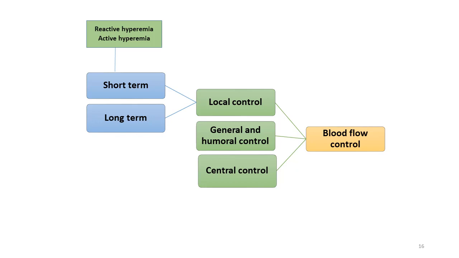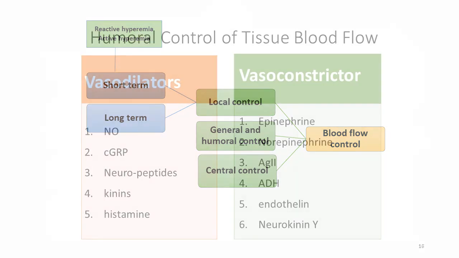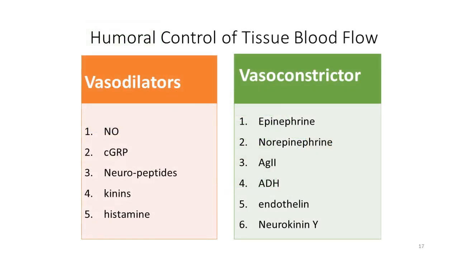But what about general control of blood flow? And what about central control of blood flow? General control of blood flow consists of humoral control of tissue blood flow, and it is categorized into two parts, vasodilators and vasoconstrictors.